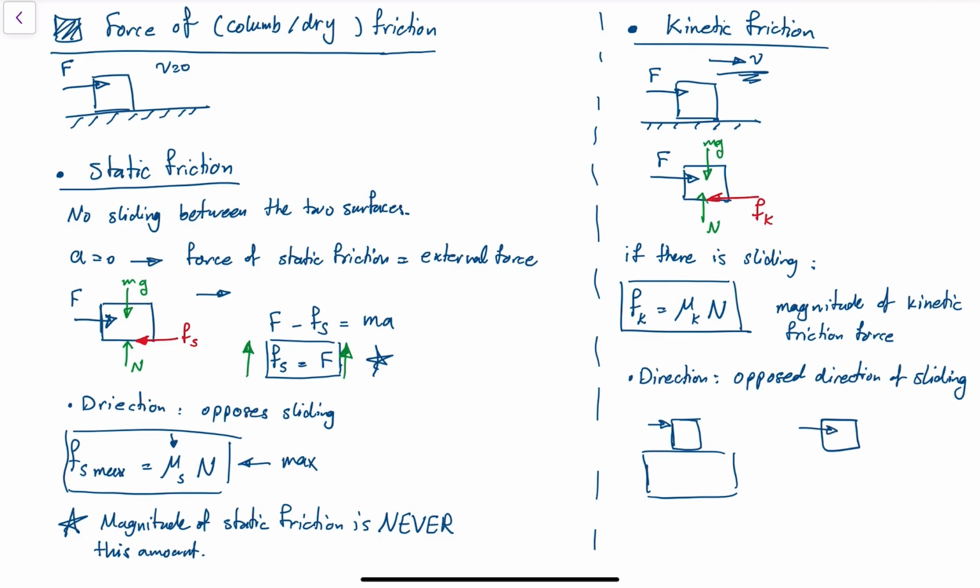Because this sliding is in that direction, on the box, the force is the opposite of that sliding direction. You can also look at the table. This is the table. There could be some forces from the ground. I'm not going to draw that. But the object that was here is sliding in that direction.